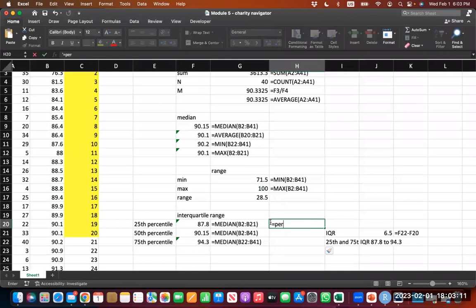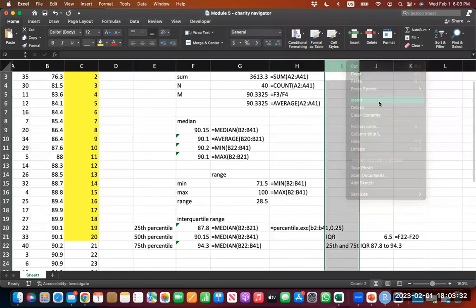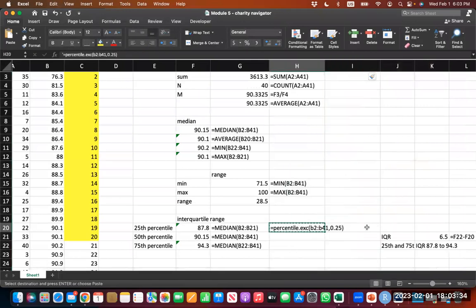The percentile function is how you would quantify this. So this can be percentile.exc B2 to B41, comma 0.25, or alternatively percentile.inc, where it is included. So that's the workaround, right?